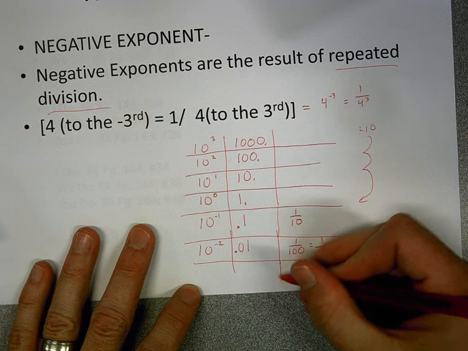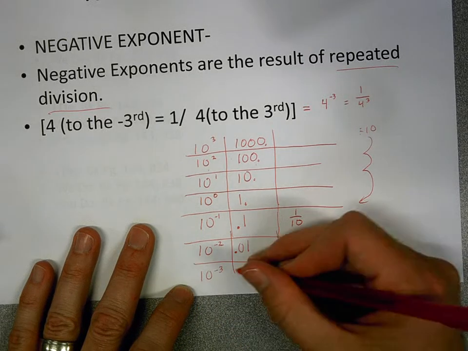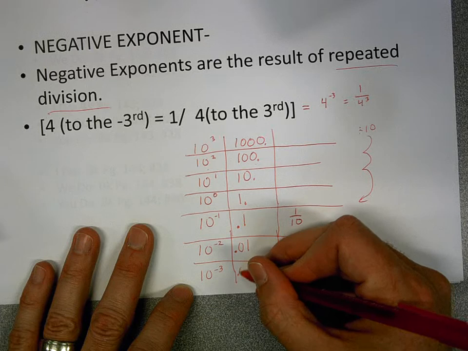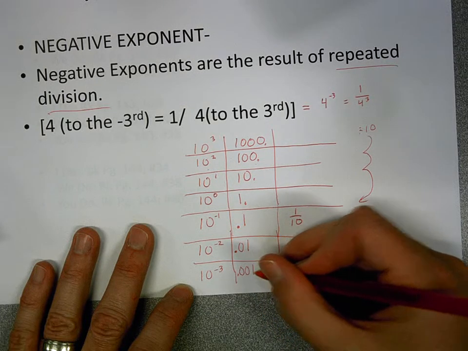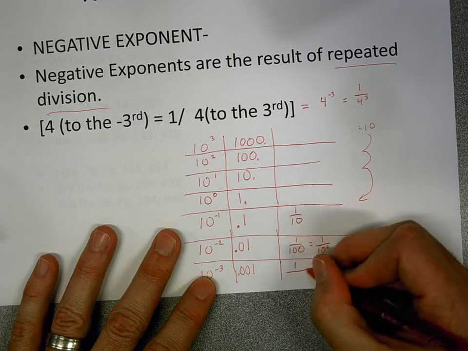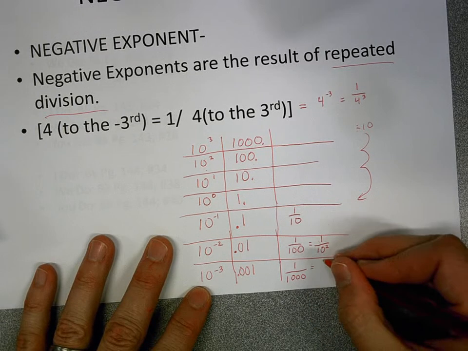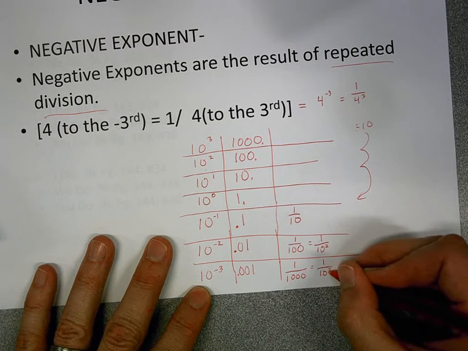Let me show you something. Let's go one more. 10 to the negative third. What do we have? 2 zeros with the 1, or 1,000th, which is 1 over 10 to the third power.